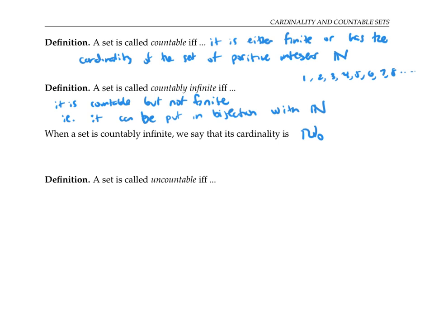That kind of looks like an N, but it's actually a Hebrew letter, aleph, with a subscript of 0. A set is called uncountable if it is not countable. So it is not finite, and it cannot be put in a bijection with the positive integers. Now, at this point, you may be asking, well, what infinite sets are countably infinite, and which ones, if any, are uncountable? Let's talk about that next.